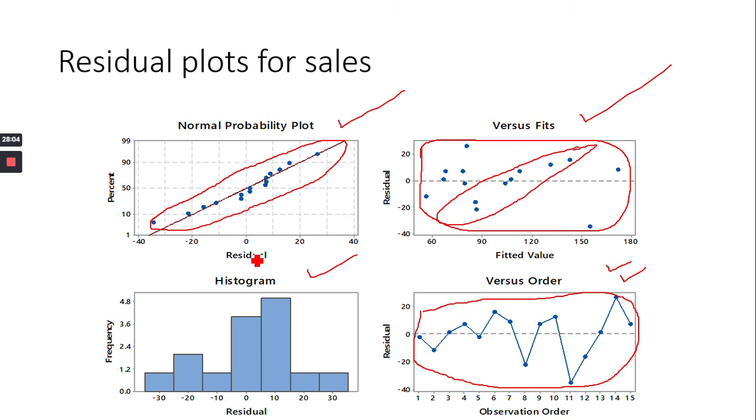But more importantly, there are other formal tests that can be conducted. When I'm saying formal test, it means the formal test of hypothesis. So for normality, there are so many normality tests that we can talk of.